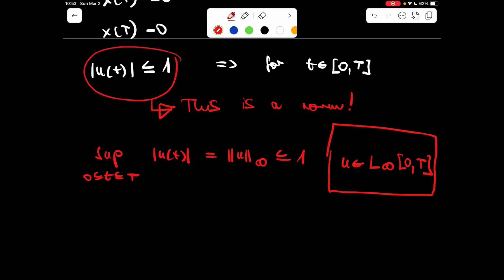Okay, so we know something important about the unknown function u, and given the fact that u can be anything, this is an infinite dimension problem.